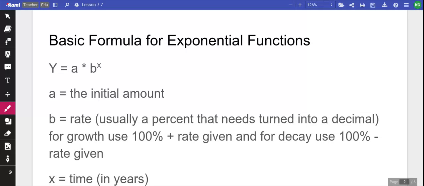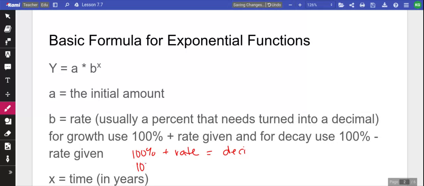Yesterday, we also talked about exponential growth and exponential decay. And so when we're given our rate, we're going to have to figure out if it's growth or decay. And if it's a growth, we're going to do 100% plus our rate given, and then turn it into a decimal.